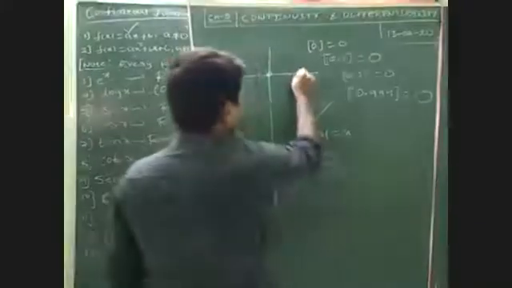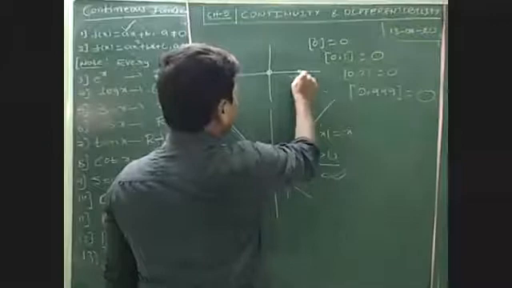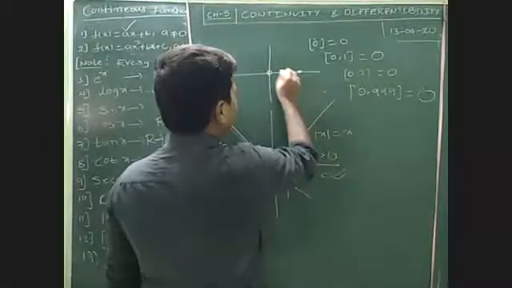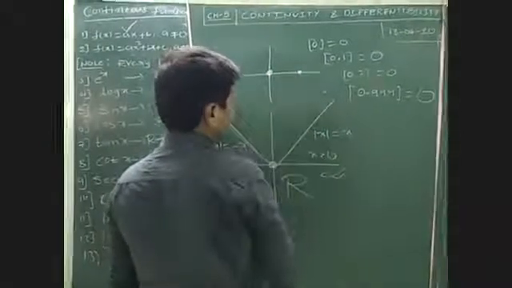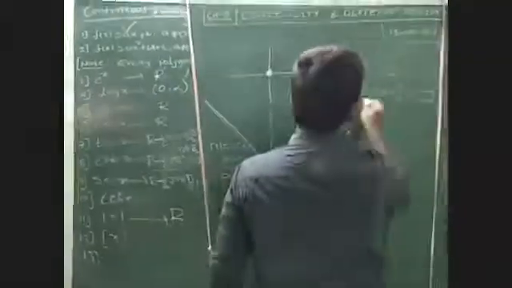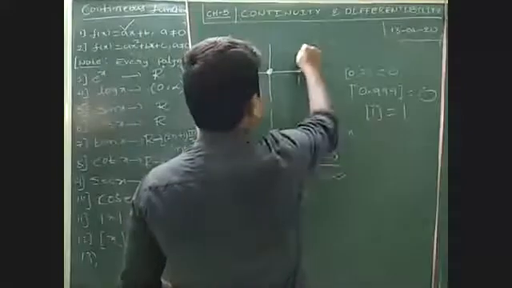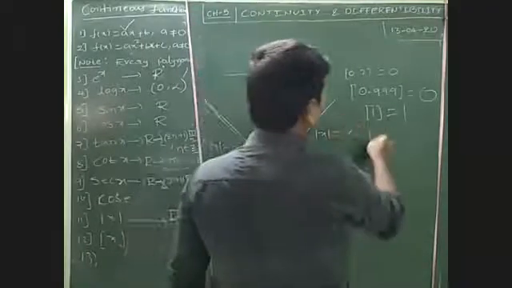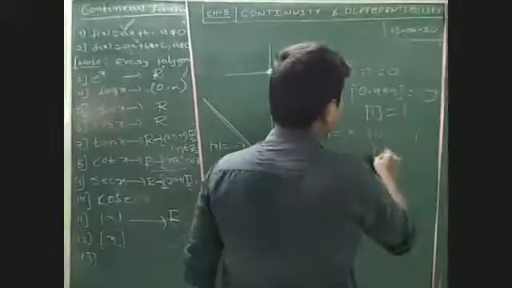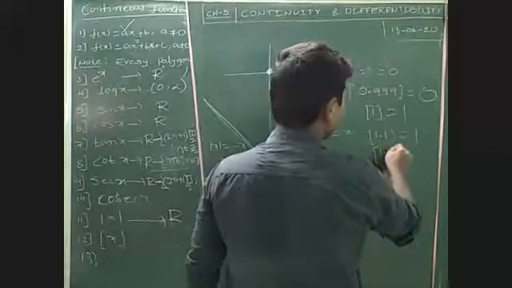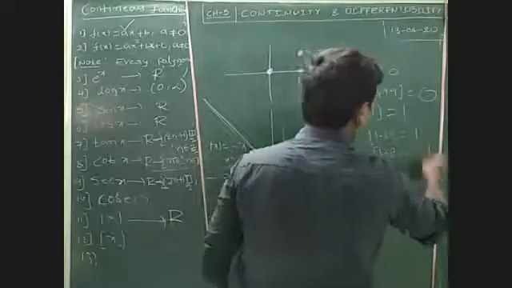Except at 1, the value stays 0. Then step 1 is 1, step 1.1 is again 1, step 1.2 again 1, step 1.999 again 1 only.